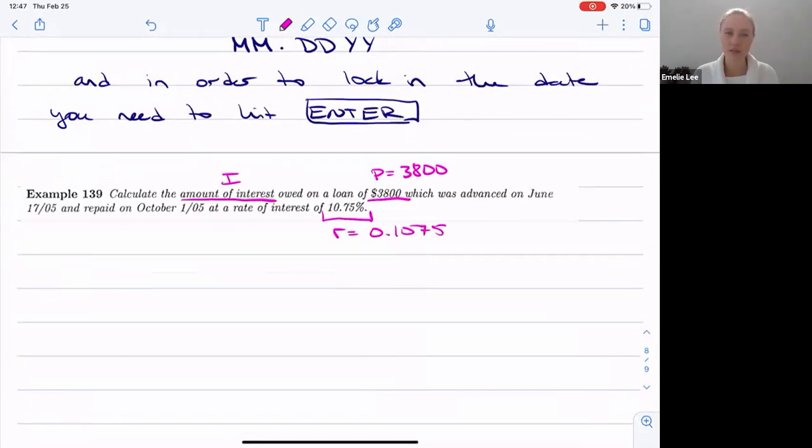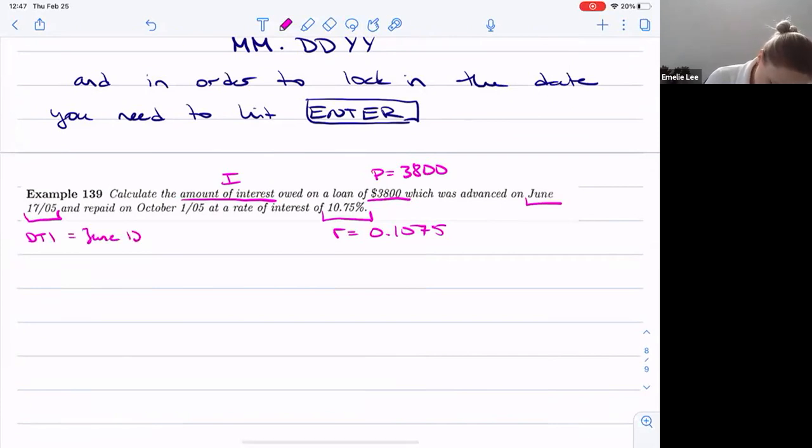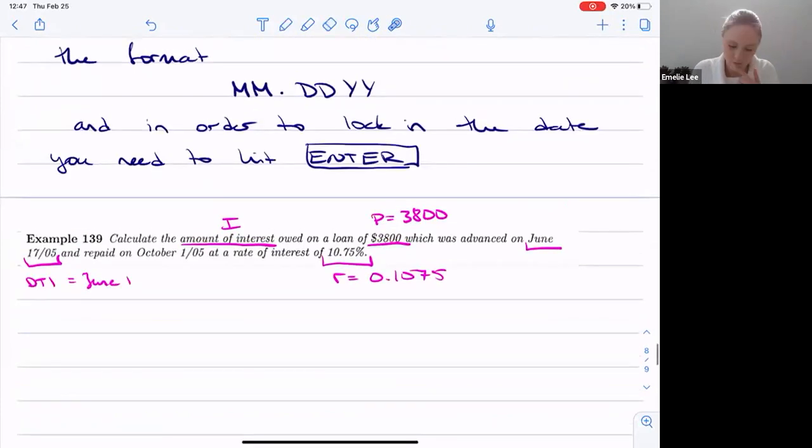Okay, so June 17th comes before October 1st. So here, date one is going to be June 17th. Usually I just write it in this format right away, month, month, day, day, year, year.